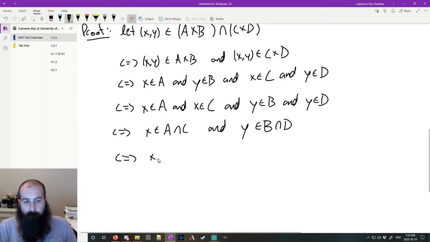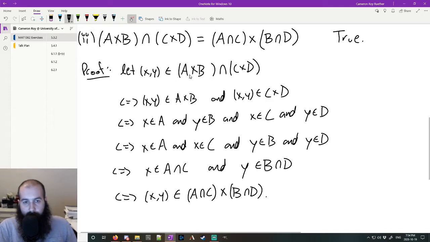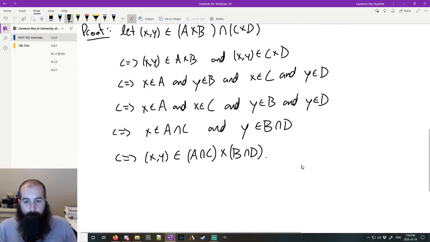So this is equivalent to saying that the pair xy is in A intersect C cross B intersect D. Now since it is equivalent for this element to be in the left-hand set and the right-hand set, therefore they are equal.